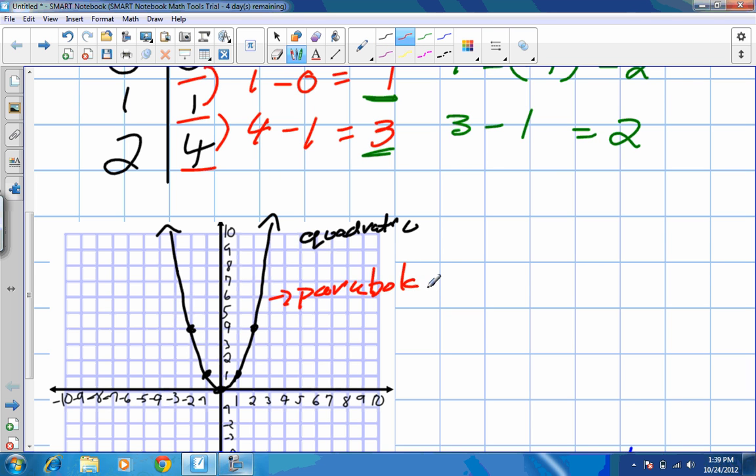There are many parts of this quadratic relationship or parabola that we have to get used to looking at and knowing how to define them. So, the lowest point on a parabola or a quadratic is known as the vertex. Okay. In this case, what is the vertex? What's the coordinate? 0, 0. Good. This is important. Okay?